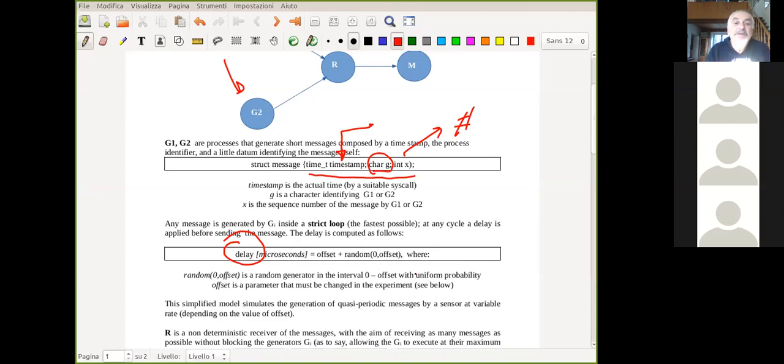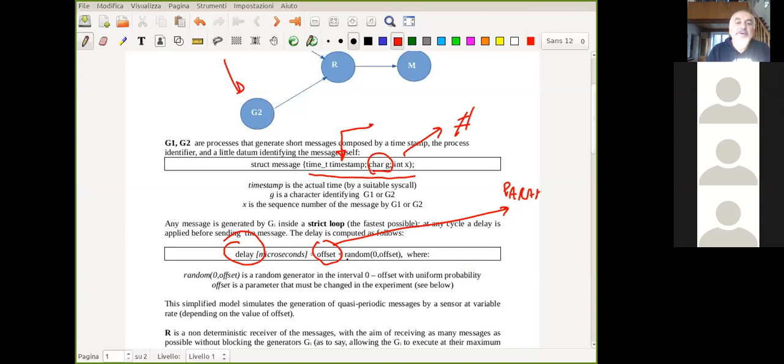So you decide which is the parameter, and make some runs with these parameters and so on. We will see after. The parameter is an offset. This is the real parameter that you have to assign and try with different values.